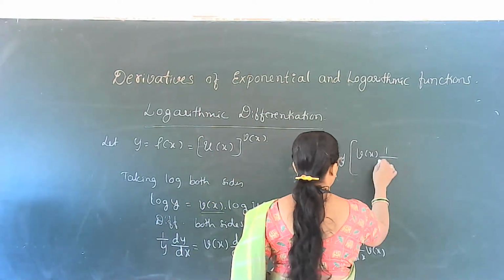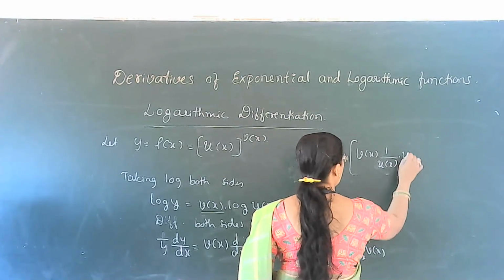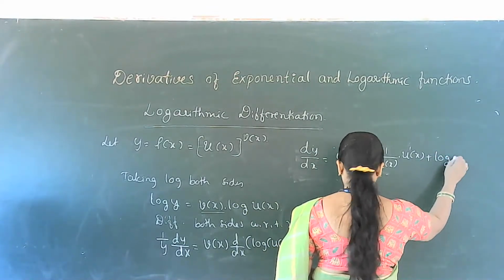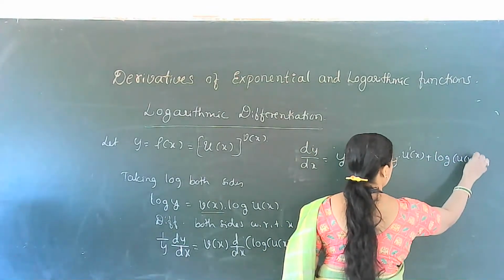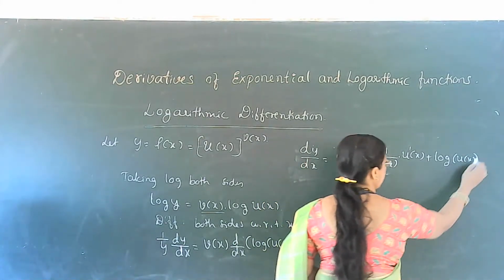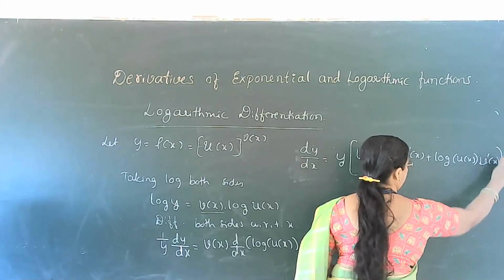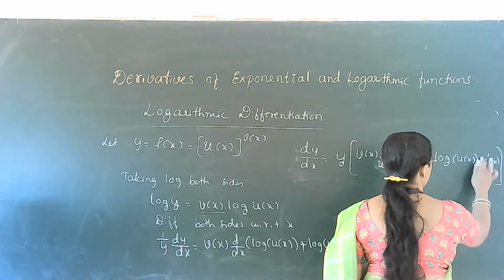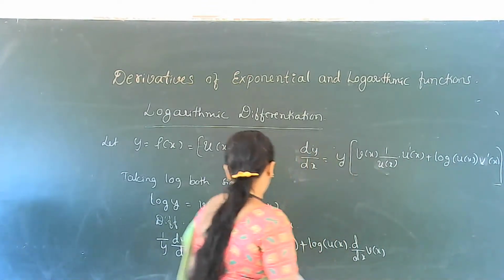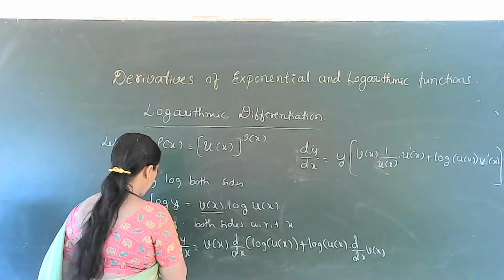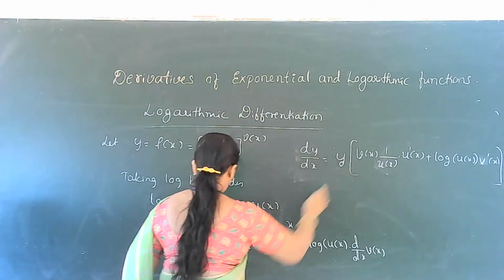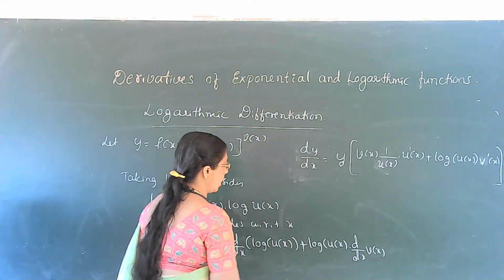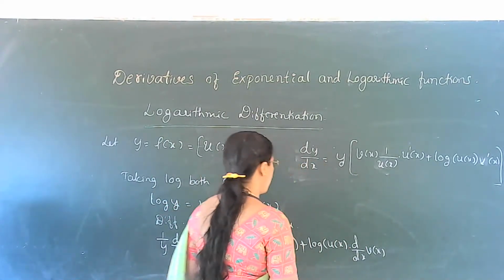Log of u of x is equal to 1 by u of x into u dash x plus log of u of x into v dash x. Multiplying y to this side, v of x into the derivative of the log function is 1 by u of x into u dash x plus log of u of x into v dash x.